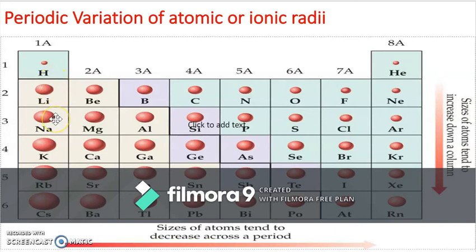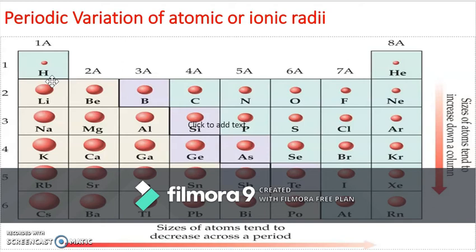The same applies in a group, that is, from top to bottom. When we proceed from top to bottom, the atomic and ionic radii both increase with increase in atomic number.